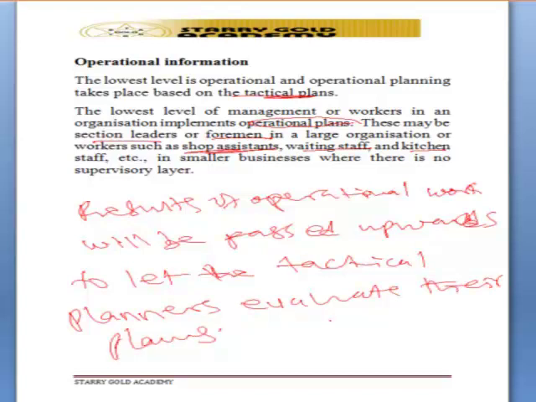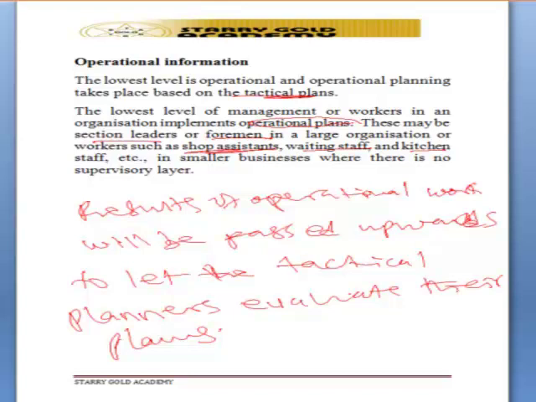That is why at the lowest level of management, that is the operational level, whatever operation they carry out, they have to write a report and submit it to the next level, that is the upper level, which is tactical level.